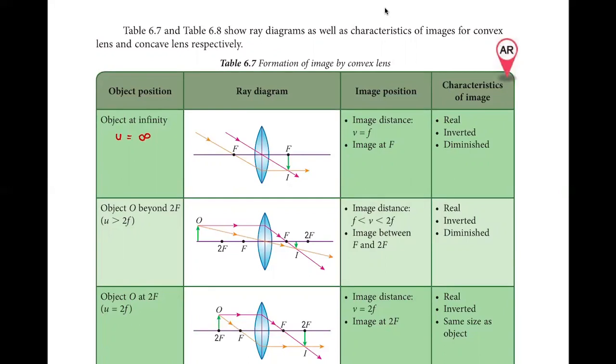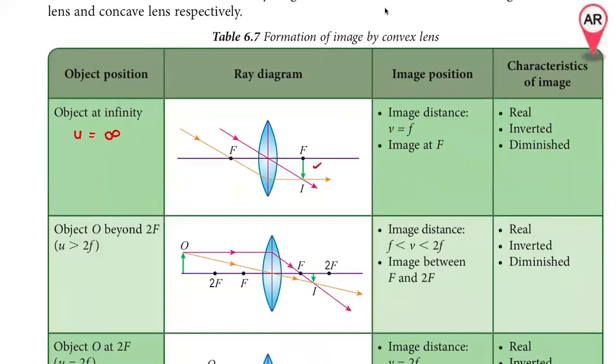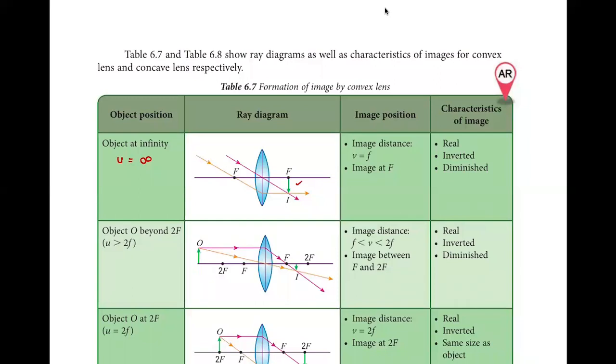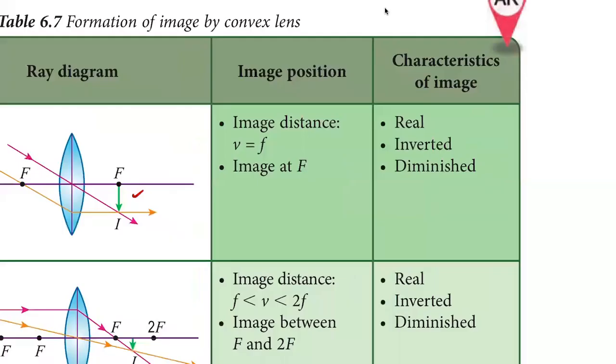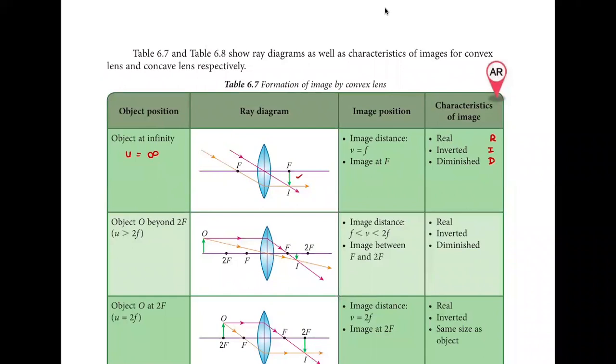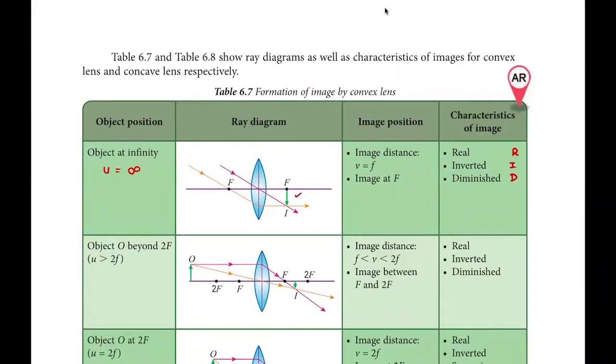As you can see here, the image produced will be exactly at the focal point, F. If we compare the size of the image with the object, it is real because it is at the opposite side of the object, inverted, and also smaller, diminished. We will be using this code, RID: real, inverted, and diminished, for the characteristics of the image. That one is for when the object is at infinity.